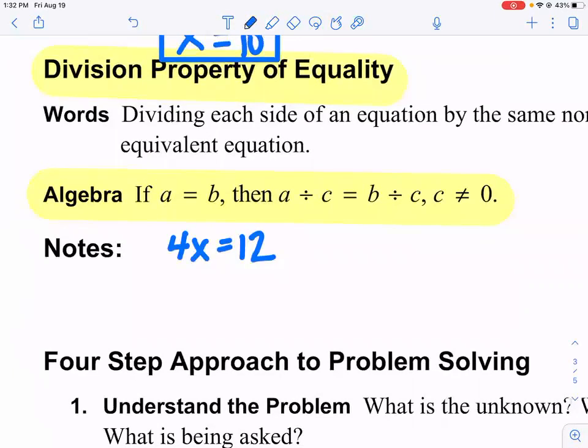So if we have 4 times x equals 12, well, 4 is being multiplied to x, and the inverse operation to multiply is divide. So if we divide both sides by 4, 4x divided by 4 gives us just x. x equals 3.